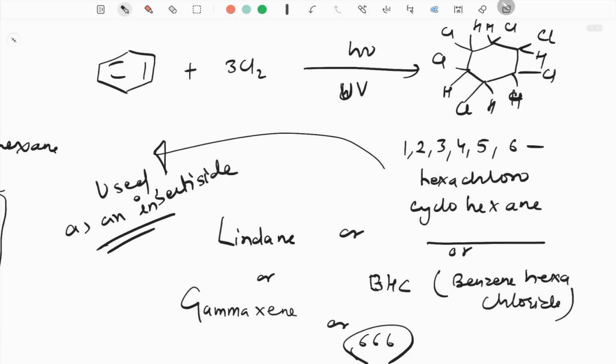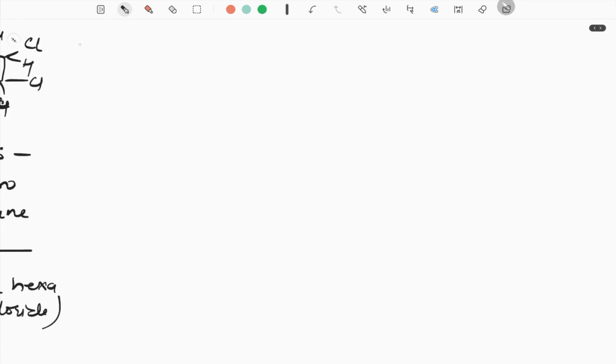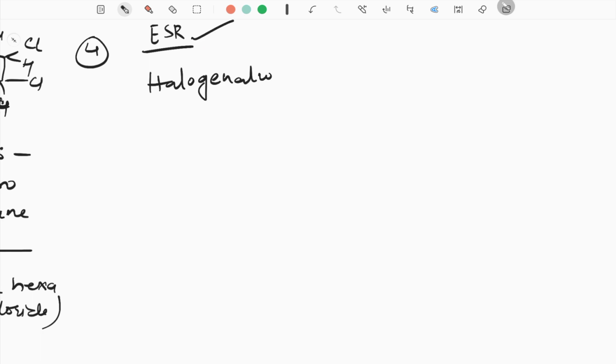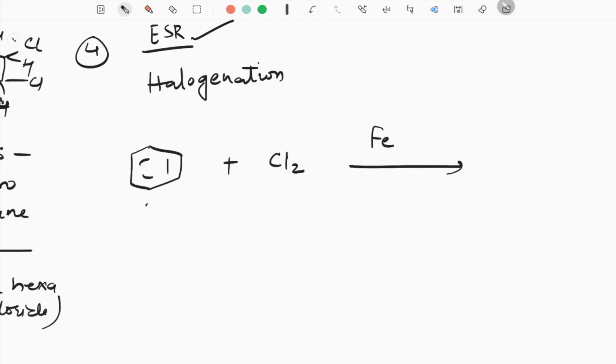Now the turn for ESR, like the fourth reaction, ESR, halogenation. ESR means electrophilic substitution reactions. Now halogenation. When you add Cl2 to benzene in presence of Lewis acid FeCl3, you will get chlorine at one position.